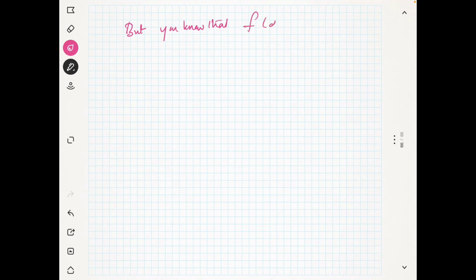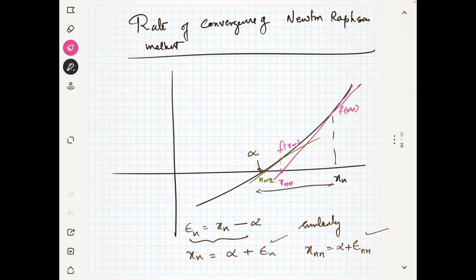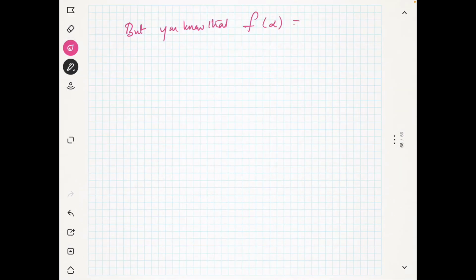But you know that f of alpha is nothing but the root, actually alpha is the root, so f of alpha is equal to 0.